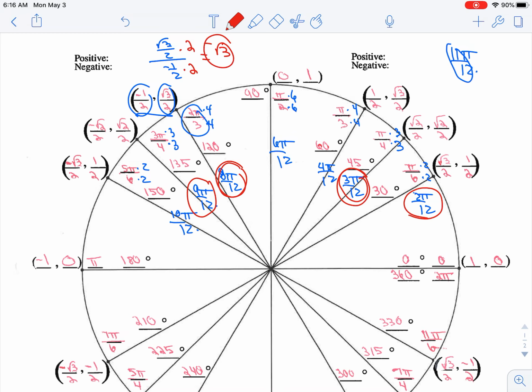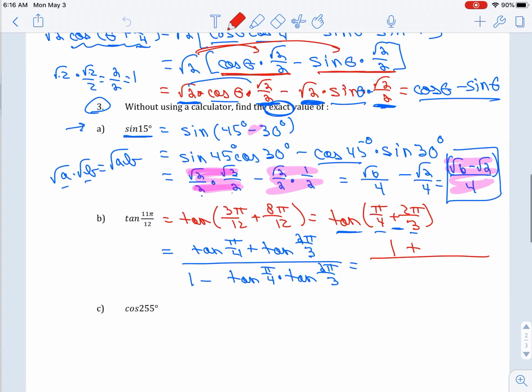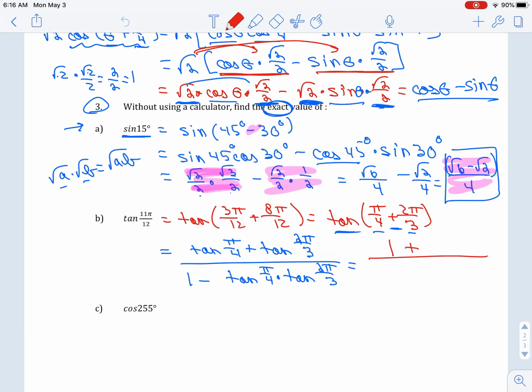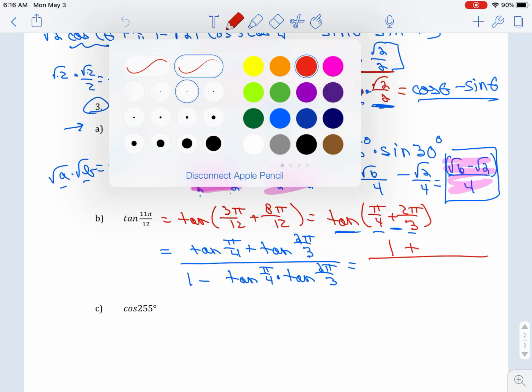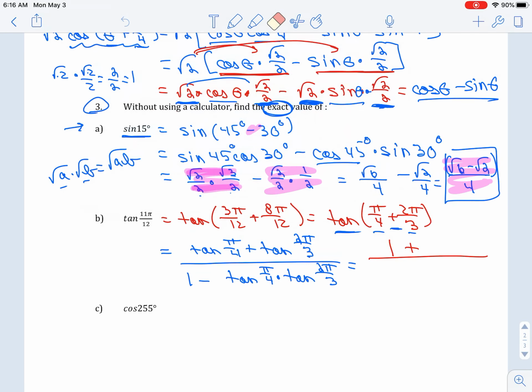And so going back to my problem, this becomes 1 plus a negative square root of 3, so 1 minus the square root of 3.